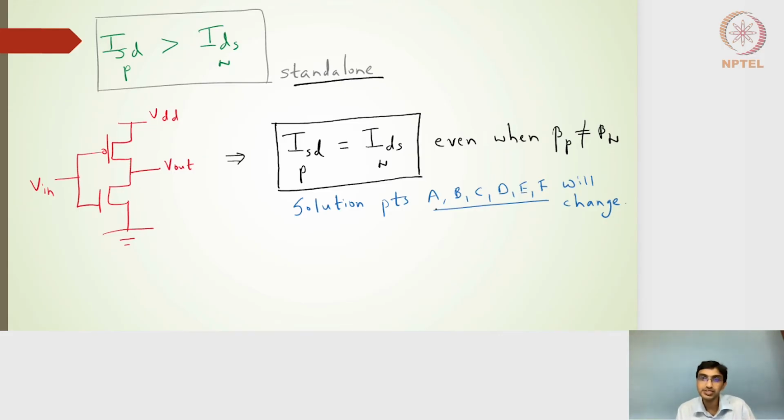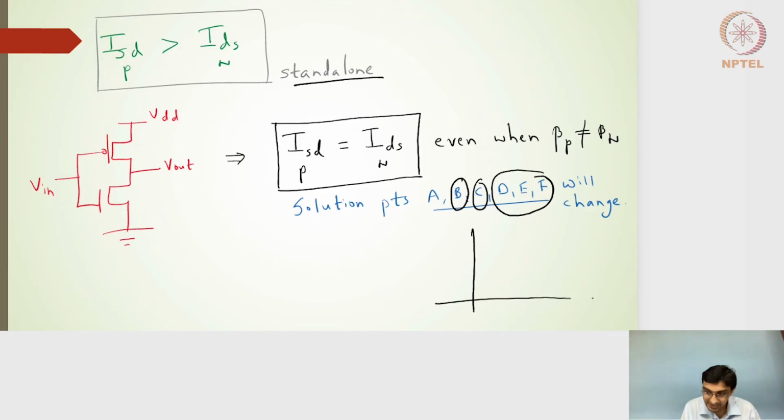If we apply the input voltage of 0, we will get the intersection point A. If we apply the input voltage of 1, we will get the intersection point B. If we apply the input voltage of 2 volts, we will get the intersection point C. If we apply the input voltage of 3 volts, 4 volts, and 5 volts, we'll get the intersection points D, E, and F. Of course, the positions of those points are in the IV characteristics, what we had seen in the last lecture.